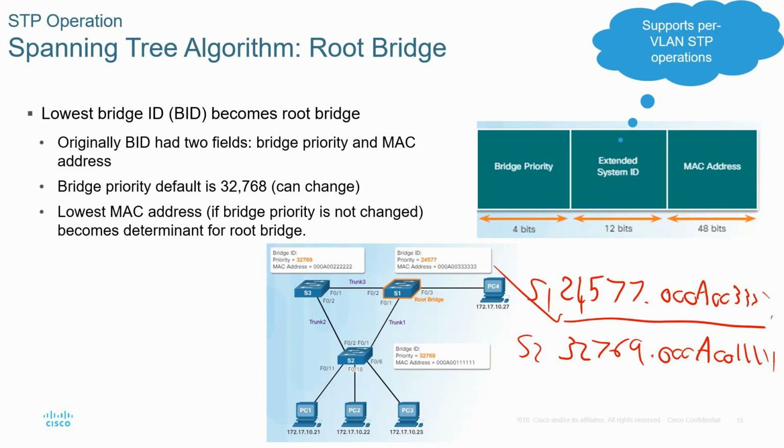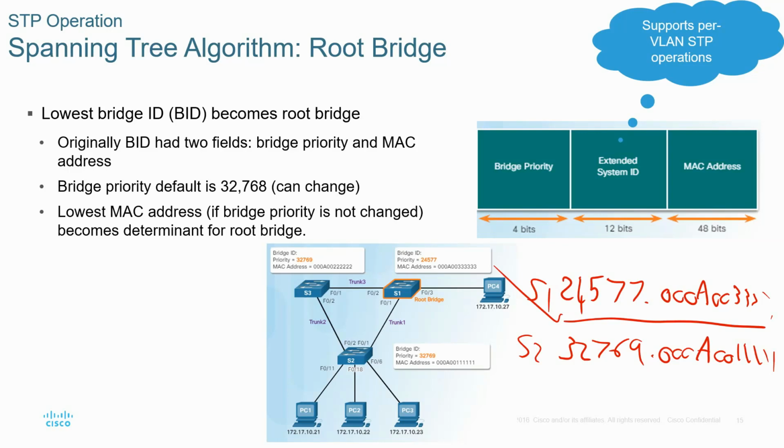The lower the priority, the higher the chances of this switch becoming the root bridge. Now, you will see here that the bridge priority is the field that makes up the most significant numbers in the bridge ID. And so if you set it to a lower value, that means you are giving it a higher priority to become the root bridge. But as we said, by default, the bridge priority is set to 32768.